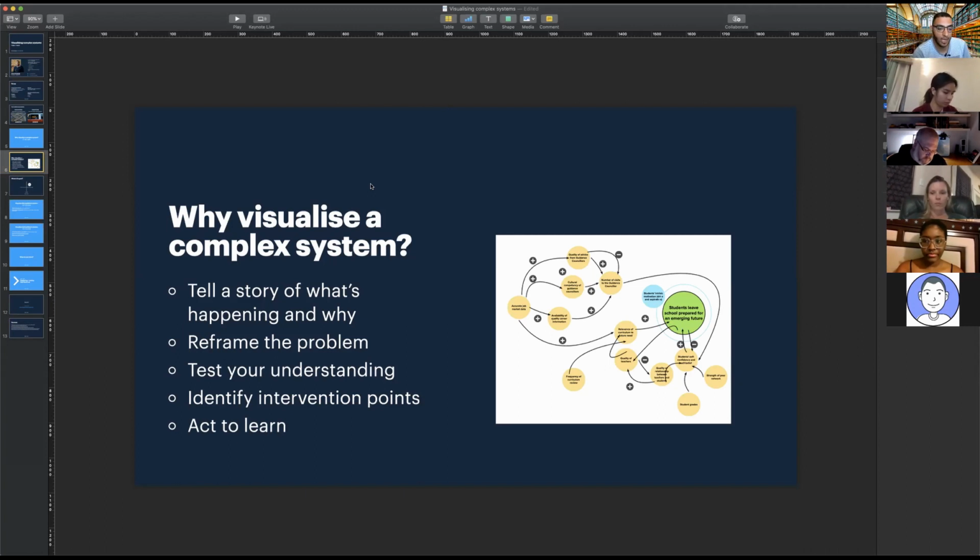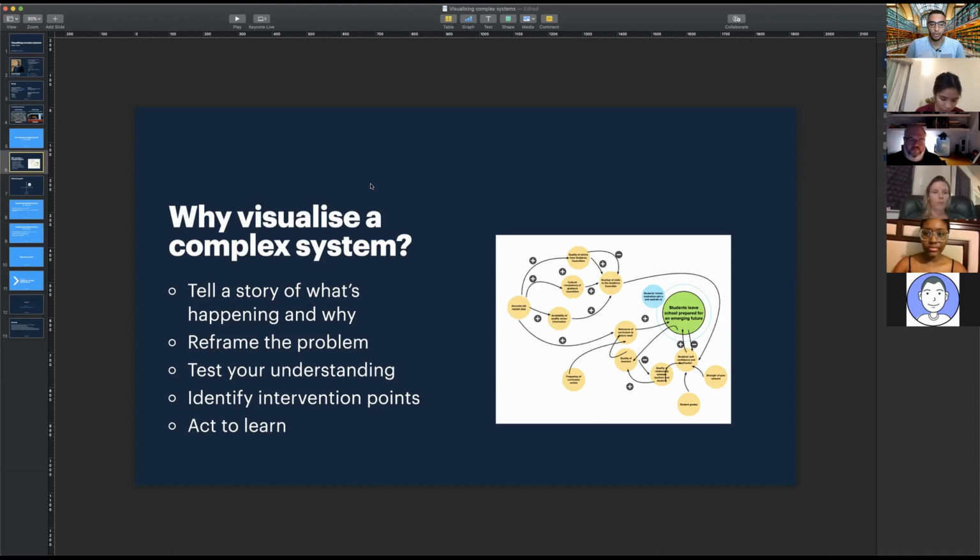The third reason, like what Kyle said, is to test your understanding but also share that understanding with other people, and get them to say, actually, this is not how it works in our team, or this is not what we're seeing, or this is not what my experience is like, and therefore add to it as you're testing it with other people.